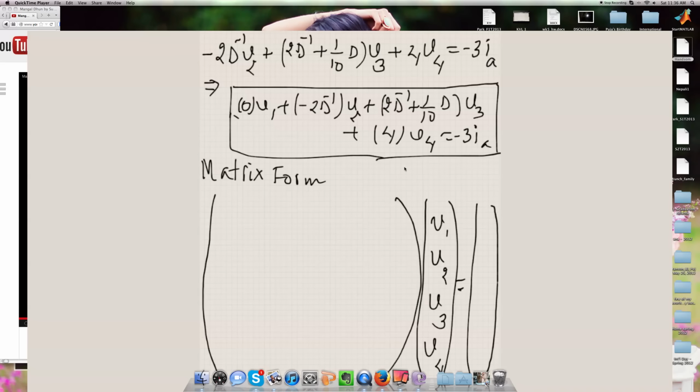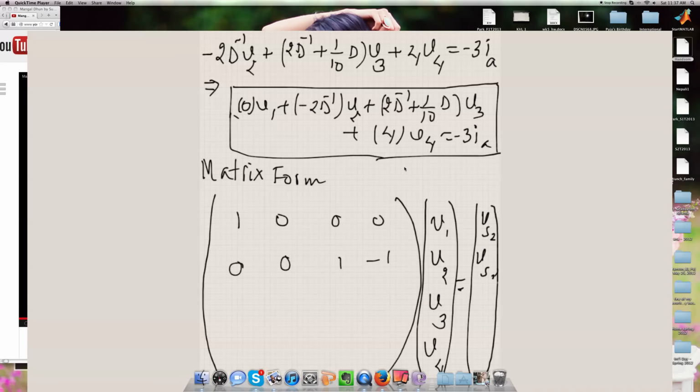The top row is 1, 0, 0, 0. So that's going to give us VS2. Next we have 0, 0, 1, minus 1. Gives us VS1. Okay.